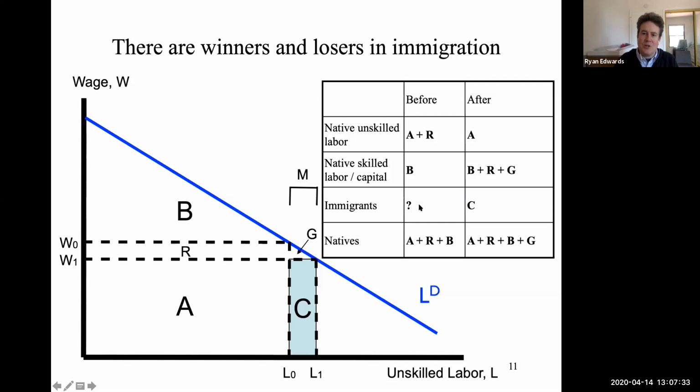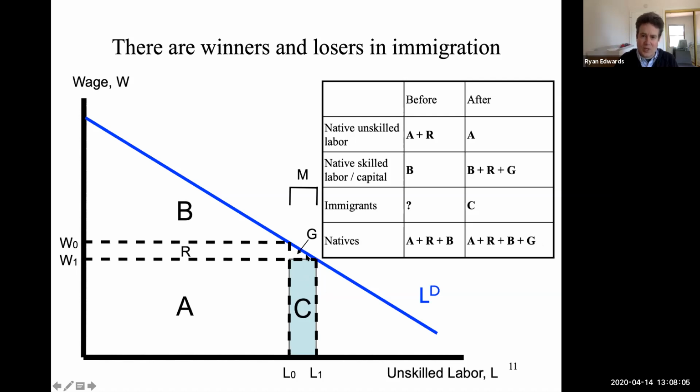Immigrants, we don't really know what they had earned beforehand, but it's probably something that is less than what they were earning afterward, which is this area C. And when we shift to the two-country model in a bit, we will have a little bit more definitive things to say about that. Natives are earning A plus R plus B altogether to begin with, but then afterwards they're actually, in addition, getting this little net gain, G. So G is the net gain to the domestic factors overall.